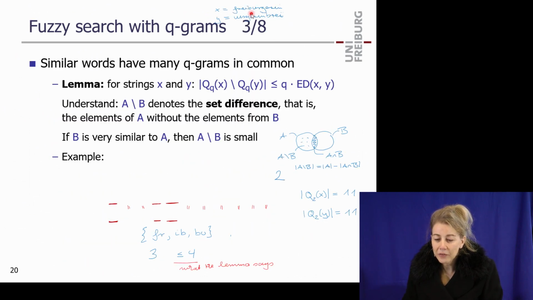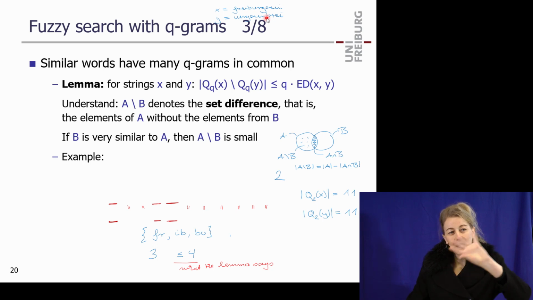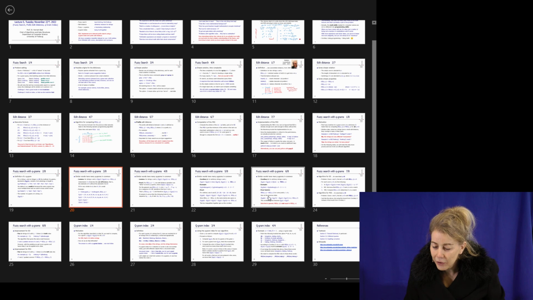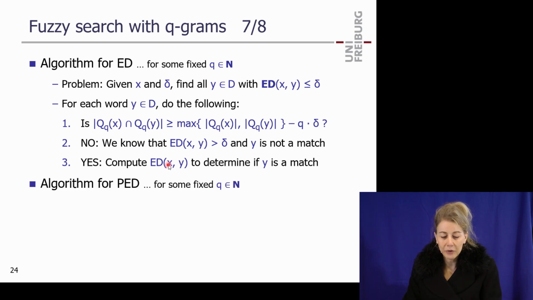Just here was this Freiburgerin and Urgerin Brei. Many 2-grams in common, but they are actually not similar at all. So in this case, I have to check. So it's a one-sided test. I can exclude it. If there are few q-grams in common, then I don't have to compute the prefix edit distance. But if there are many in common, then I actually have to compute it. So what I'm doing this for is to save edit distance computations.